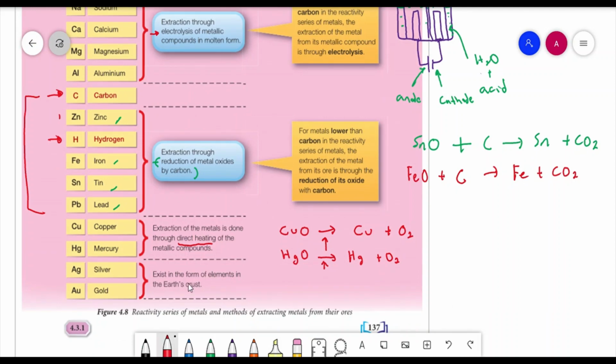Okay, for silver and gold, it exists in the form of element in the earth crust. Means naturally when we found silver and gold in the form of element, means the silver or gold does not react with other element to form a compound.